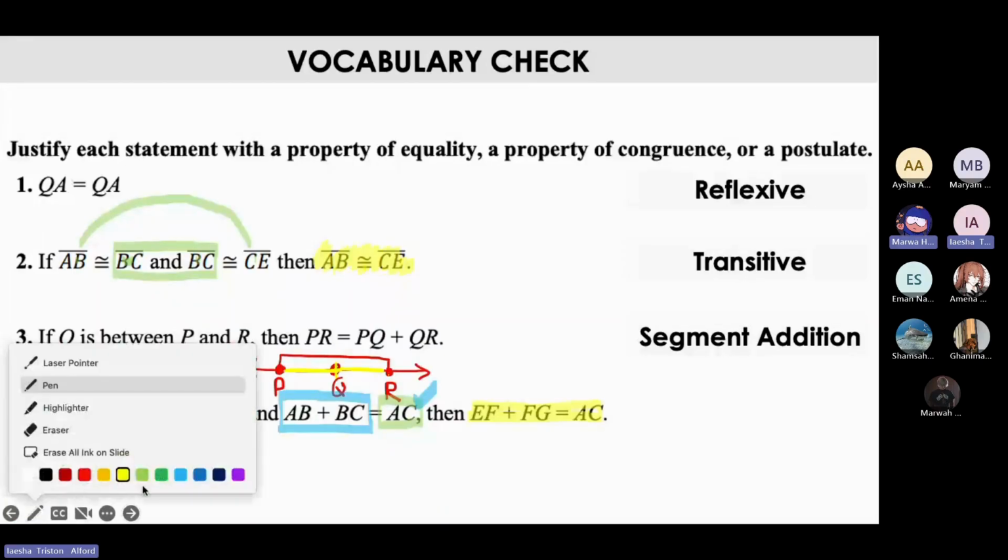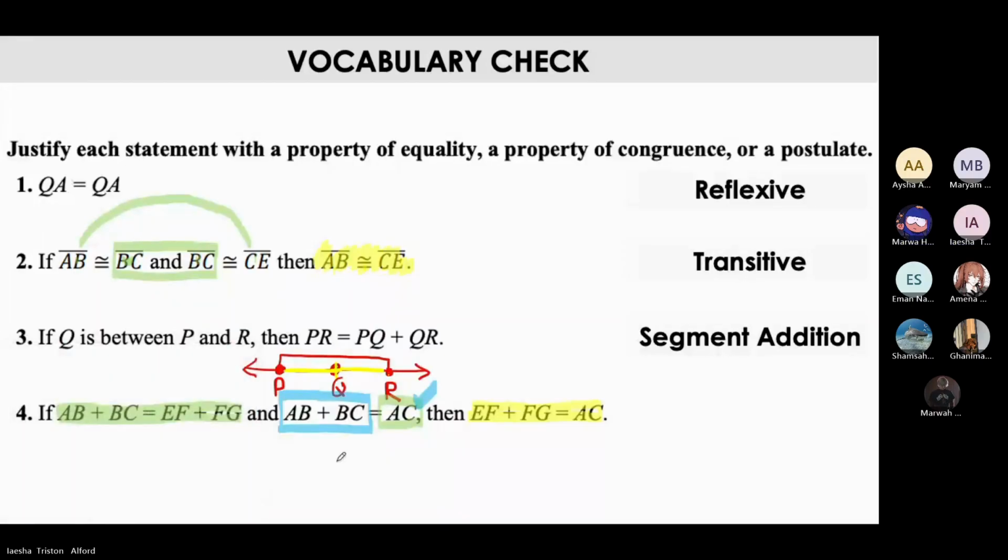You delete it and put what in its place? EF plus FG. So you deleted this one and kept this one in its place.